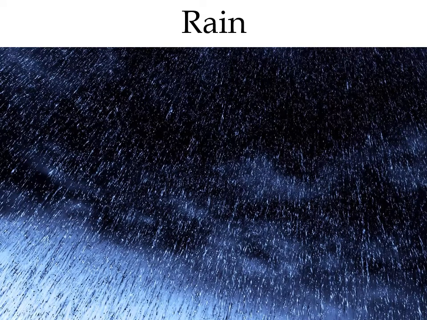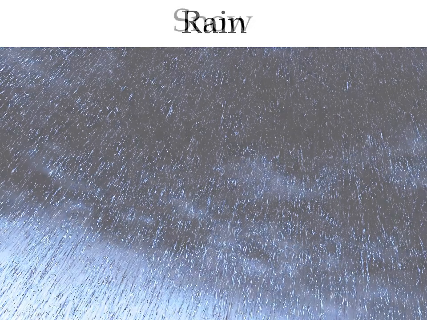This is due to the water vapor we can find in the atmosphere that condenses, creating clouds, and due to the lower temperatures, these clouds get colder, the water vapor condenses even more, creating droplets, small drops, that by their own weight fall to the earth.